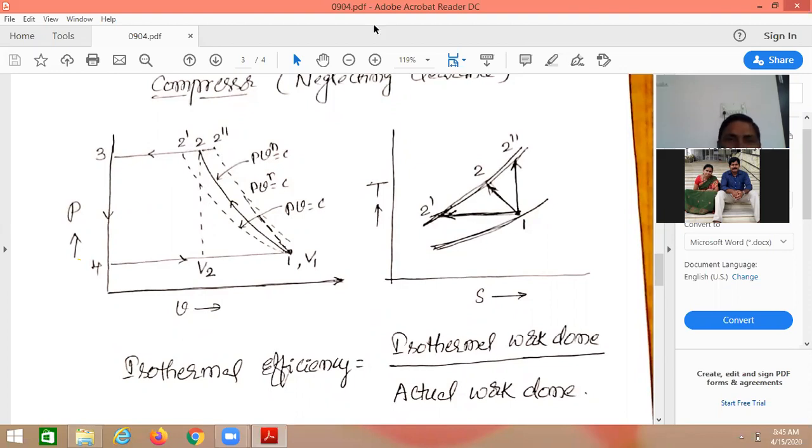So why are three processes considered here? 1 to 2 dash represents the isothermal process, 1 to 2 represents the polytropic process, and 1 to 2 double dash represents the adiabatic process. Will all three processes be possible at a time? Never.